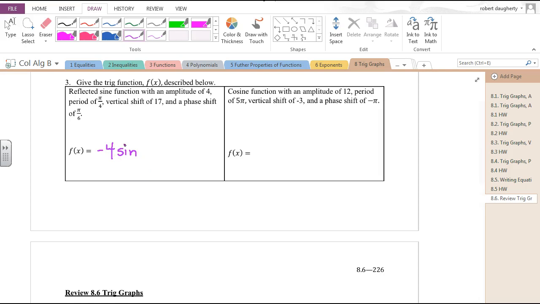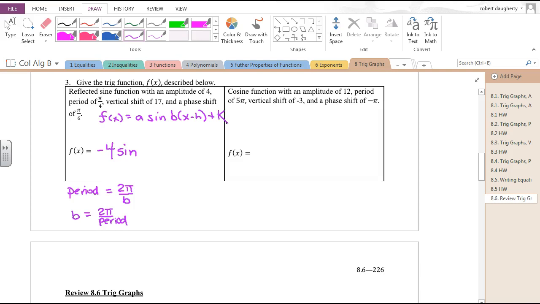So remember, if the period is 2 pi over b, then b is also 2 pi over the period. And remember, we're trying to get things of the form f of x equals a sine b, x minus h, plus k.